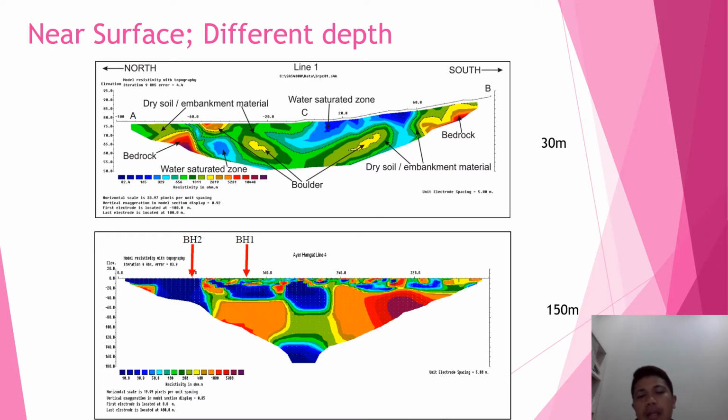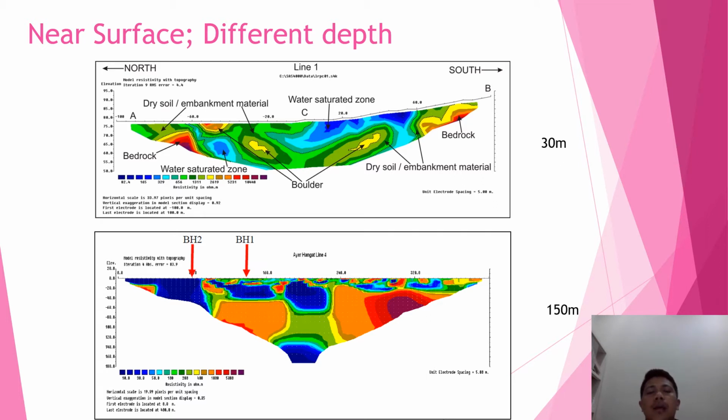Last time on my PhD study leave, my team conducted the survey to detect the fracture system at the Air Hangat hot spring. So you can see the clear fracture zone, and then the blue color may be representative of saltwater intrusion at the Air Hangat.